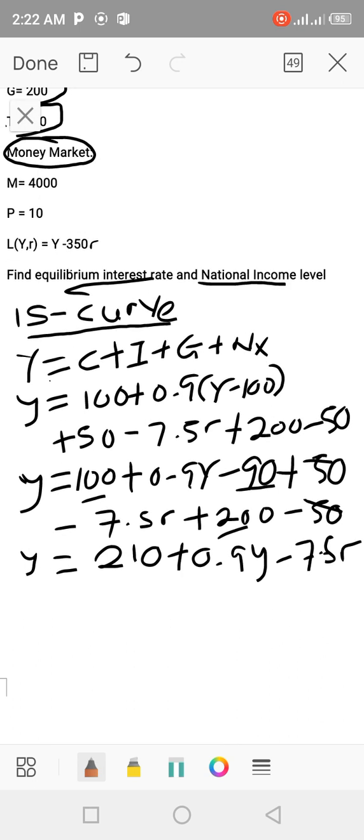So we continue. Collecting the like terms, we move the 0.9Y to the other side.